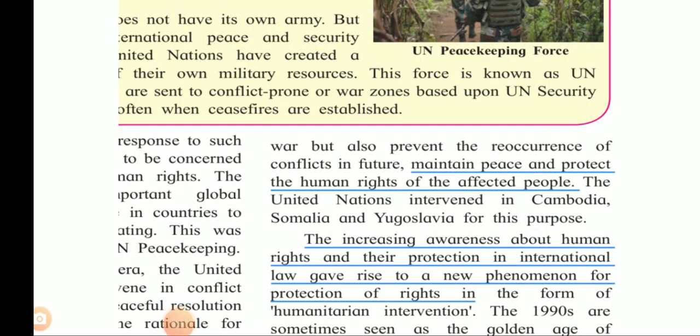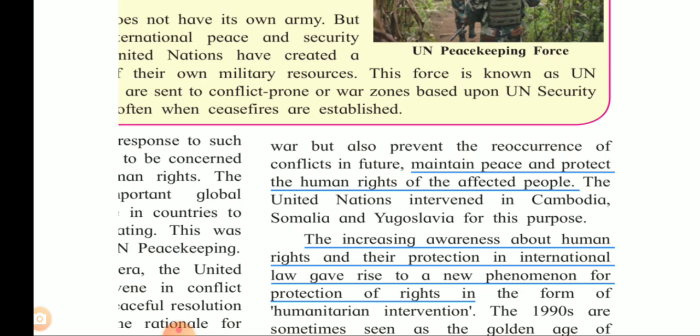Maintenance of law and order, conduct of free and fair elections, civil administration were other tasks undertaken.